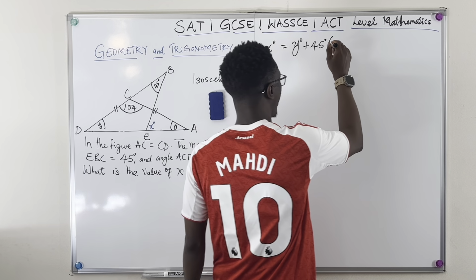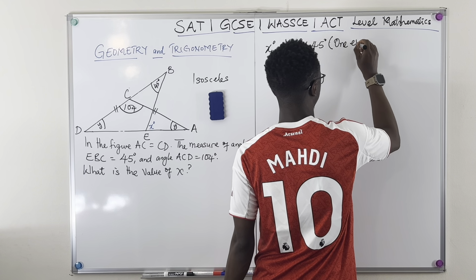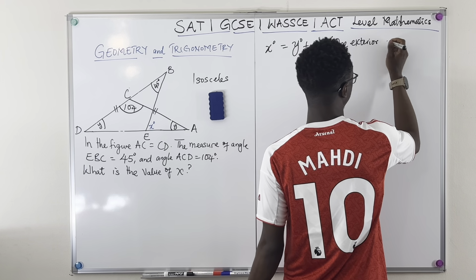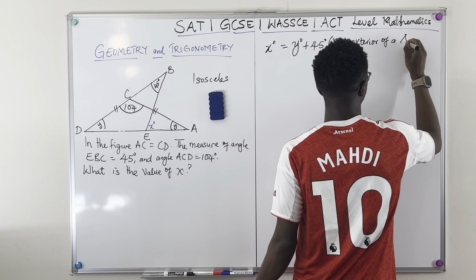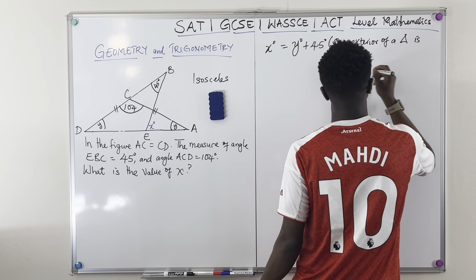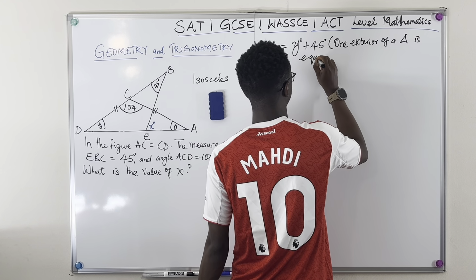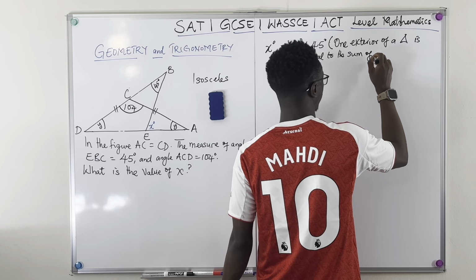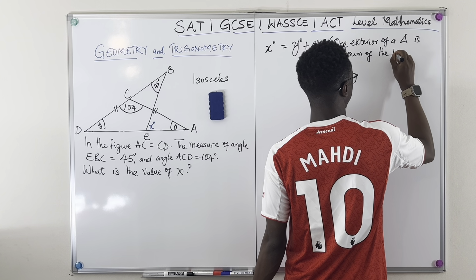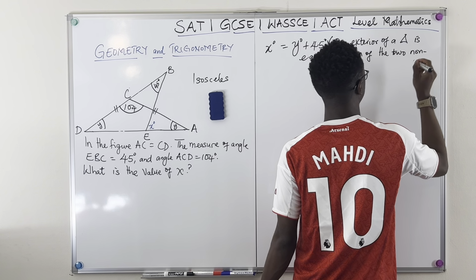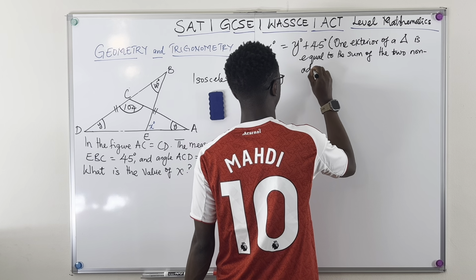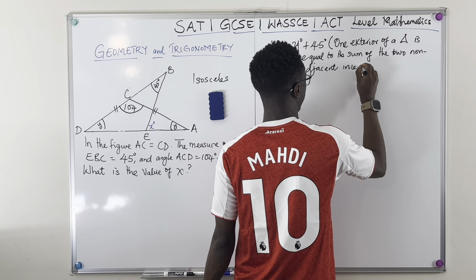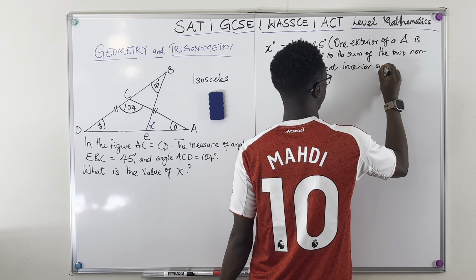The exterior angle of a triangle is equal to the sum of the two non-adjacent interior angles.